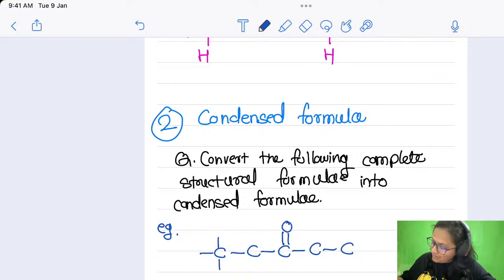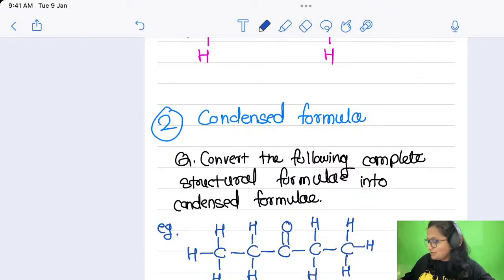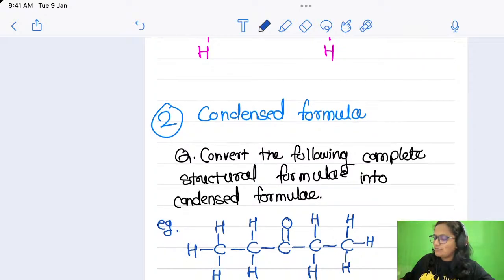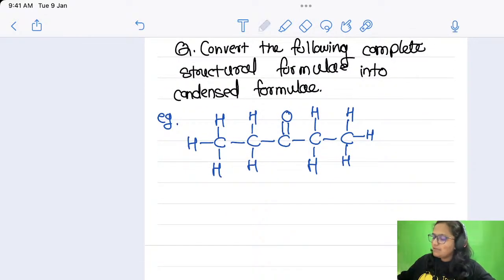I am drawing one complete detailed structural formula, complete structural formulas for some molecules. We have to convert it to the condensed formula. Okay, now let us see how to do that. So condensed formula is nothing but a short but sweet formula.